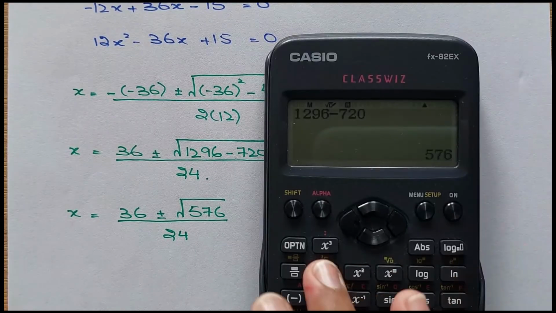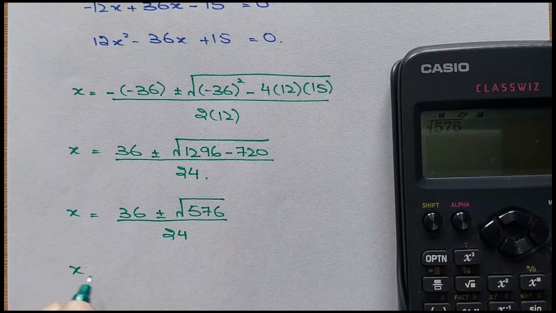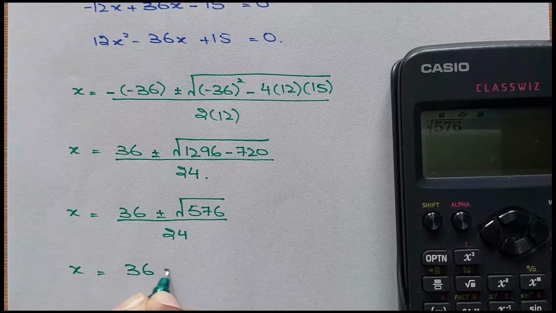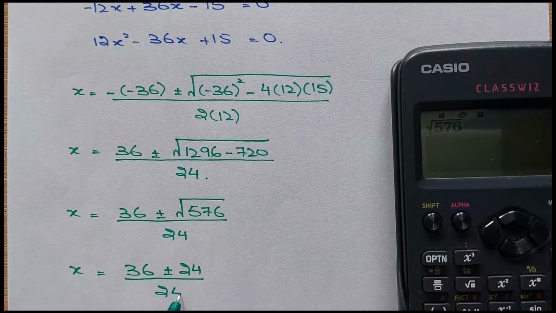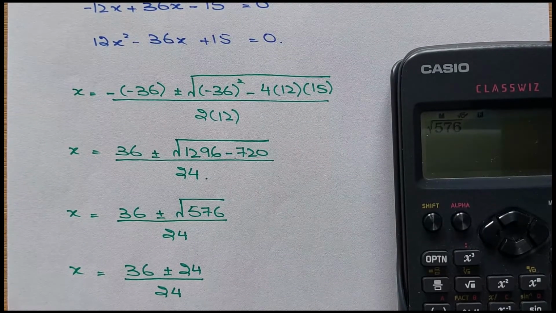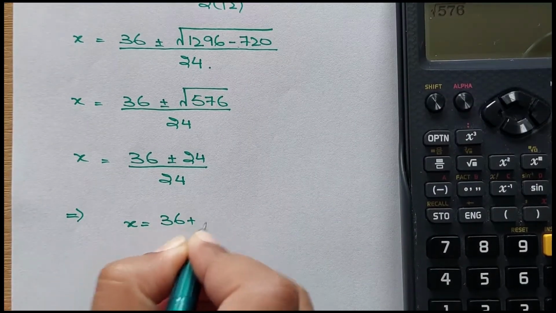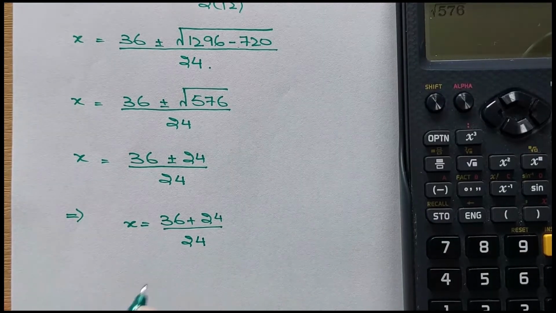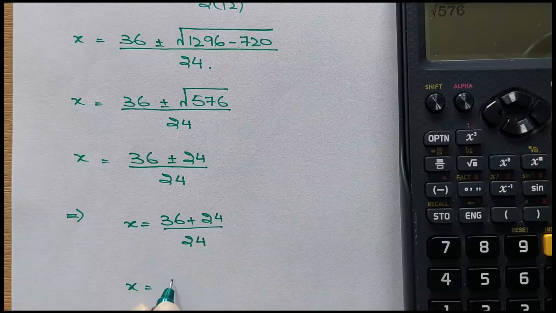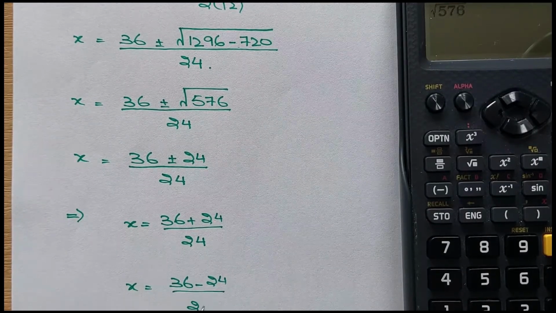So what is the square root of 576? 24. So x equals 36 plus minus 24 divided by 24. Now from here we have two values for x. x equals (36 plus 24) divided by 24, right? Or x equals (36 minus 24) divided by 24, right?